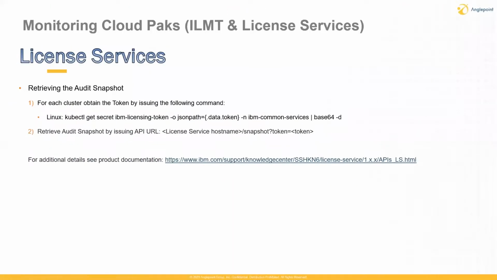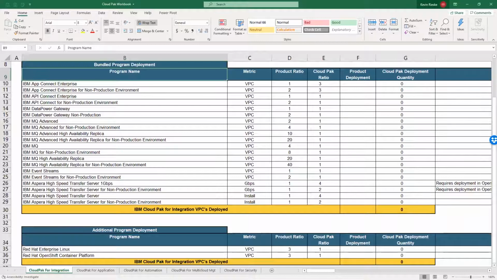Before we jump into Q&A, just to briefly explain a little bit more of how the ratios work. I have pulled up here Cloud Pak for Integration. Inside of the Cloud Pak for Integration, for each of these products, the following metrics have been stated. For every one VPC of App Connect Enterprise that's deployed, it requires 3 VPCs of Cloud Pak.